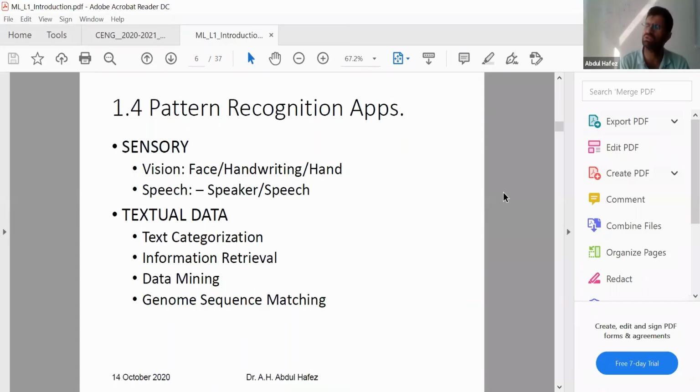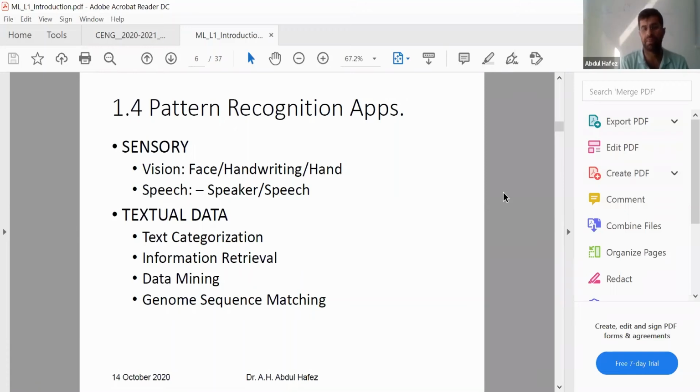Sometimes we also have applications about genomes, like genome engineering. In genome engineering, we do processing on genomes, genome sequences. Genome sequences are like protein sequences, and also like RNA and DNA sequences.